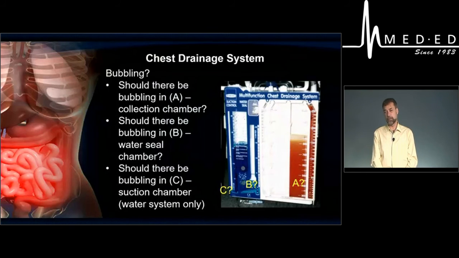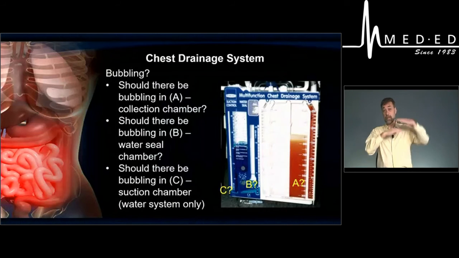When in the respiratory cycle should there be bubbling in the water seal chamber? During inhalation, right? Because during inhalation, the lung comes up towards the top of the chest wall and pushes air out of the pleural space. And as it's pushed out, it bubbles through the water seal. So there should be bubbling on inhalation only. There should not be bubbling on exhalation.